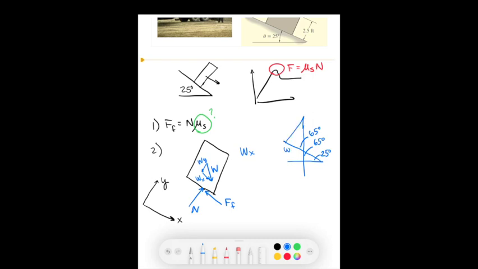So if this is Wx and this is Wy, then Wx is equal to W times the cosine of 65 degrees. Wy is equal to W times the sine of 65 degrees.